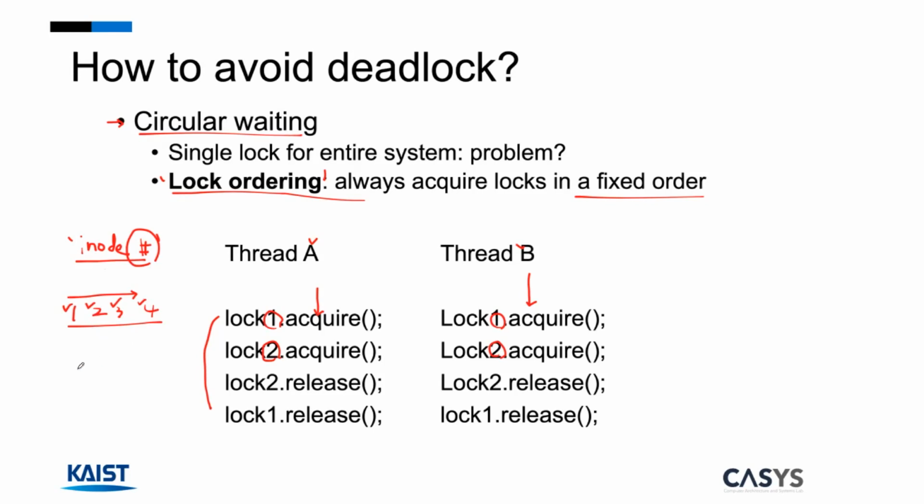Another popular way is the virtual address. When you declare locks, you always use their virtual addresses. You compare the virtual addresses and hold locks in increasing or decreasing order. Those are some popular rules to enforce lock ordering.